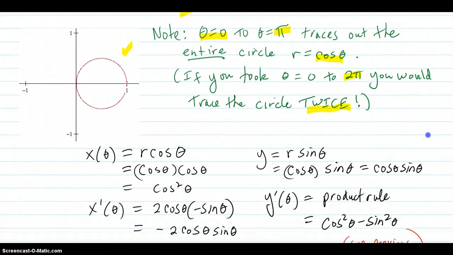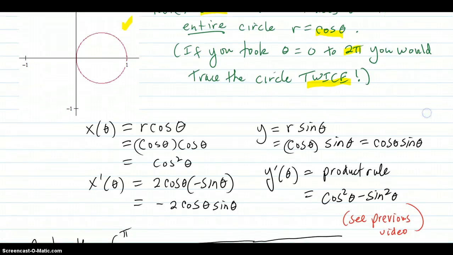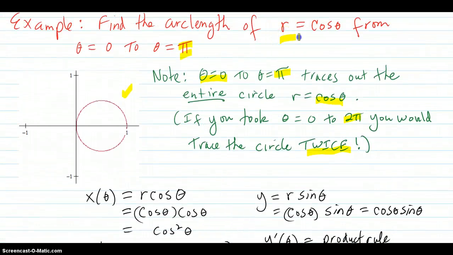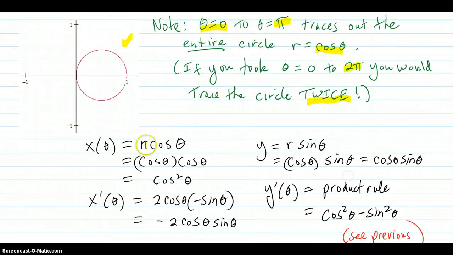So we go over here, and I showed this on another video, but for that particular form here, r equals cosine theta, you have x is r cosine theta, and y is r sine theta.